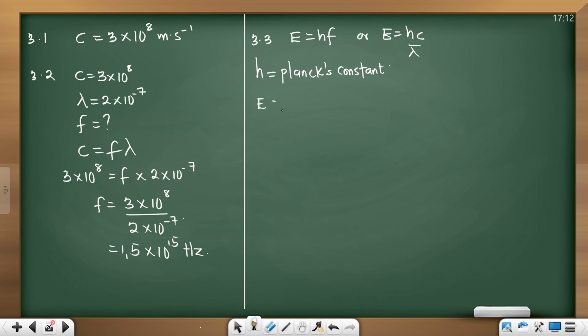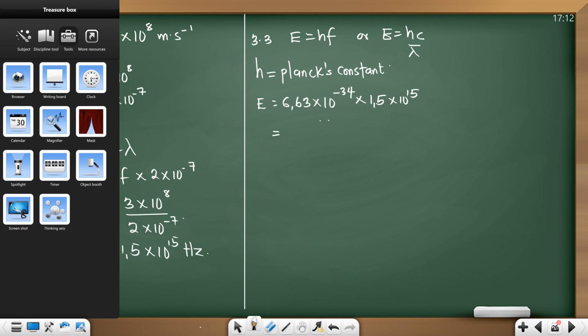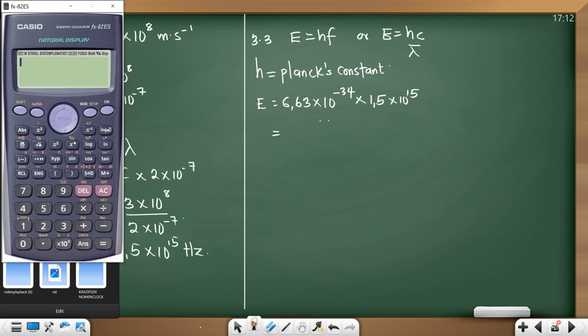So E equals 6,63 times 10 to the power negative 34 times my frequency. What is my frequency, by the way? My frequency is 1,5 times 10 to the power 15. I'm going to grab a calculator quickly. So it is important to know what you have.